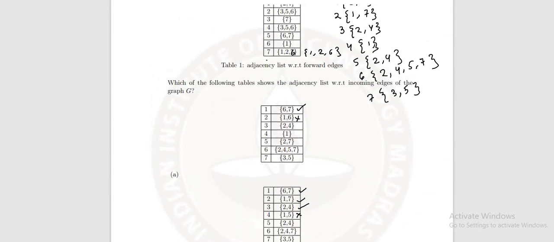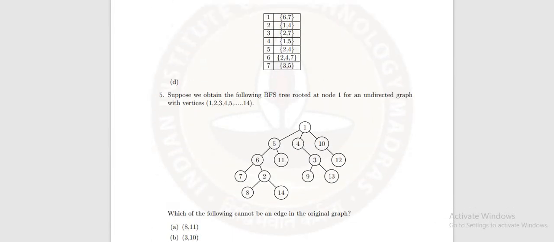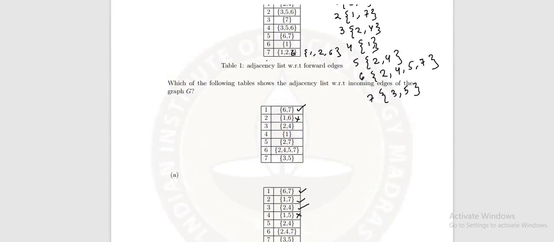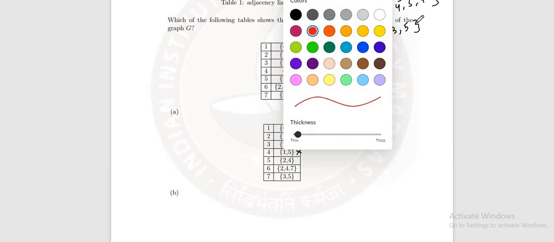Next is 2, 4 correct. 4 is 1 correct. 5 is 2, 4 correct. 6 is 2, 4, 5, 7, which is correct. And the next one is 3, 5, which is again correct. So this is the correct data that we have obtained for the incoming edges of graph G. So option C is absolutely correct.